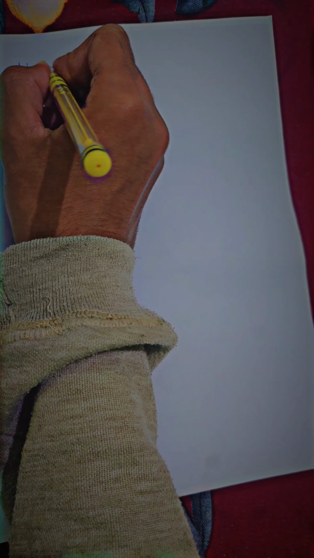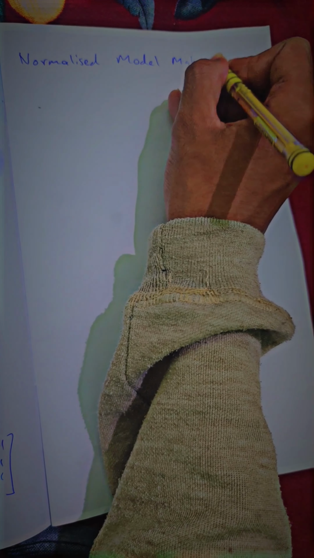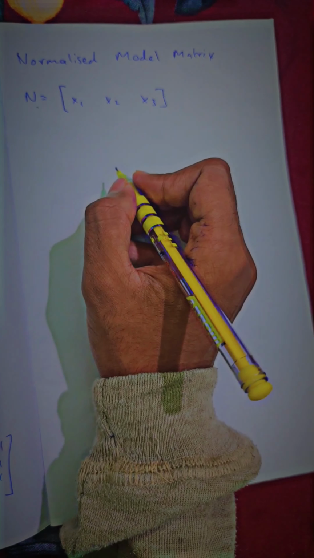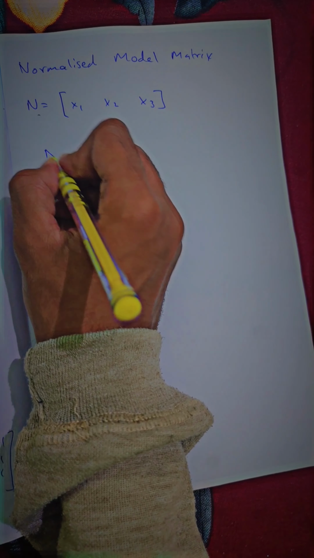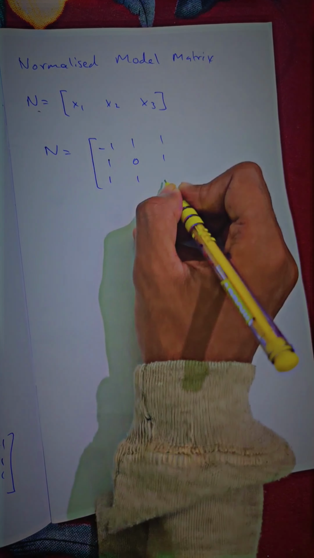Now we find the normalized modal matrix N is equal to x1 x2 x3. So N is equal to, putting the values, minus 1 1 1, 1 0 1, 1 1 0.